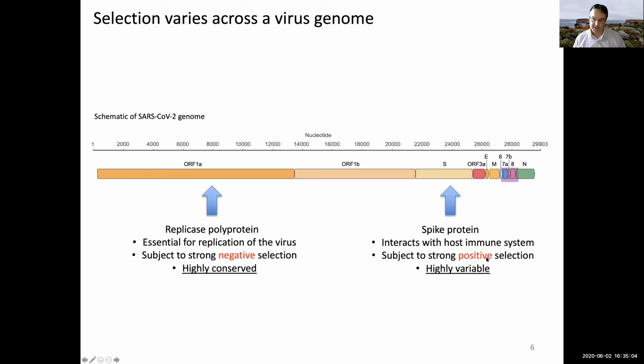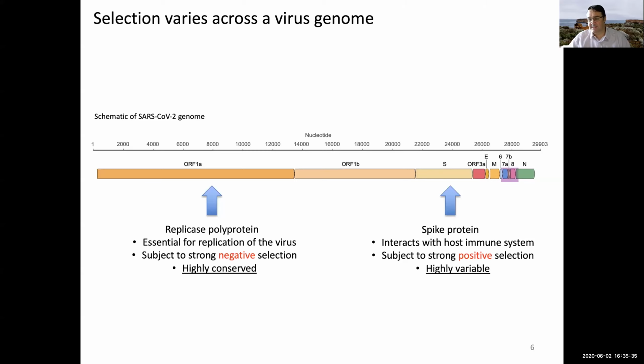So positive selection is also referred to as diversifying selection because you see a lot of amino acid changes being fixed into the virus population, right? And then if you look at the ORF1ab of the virus, this is a polyprotein that produces the genes involved with replication of the virus, and it's essential for the virus survival.